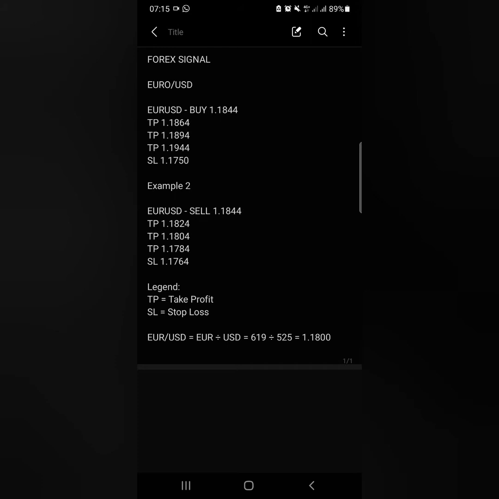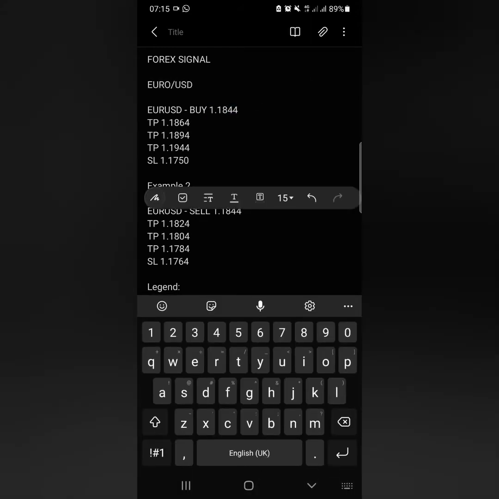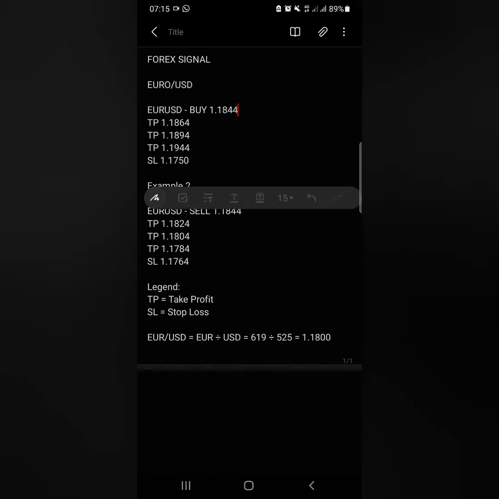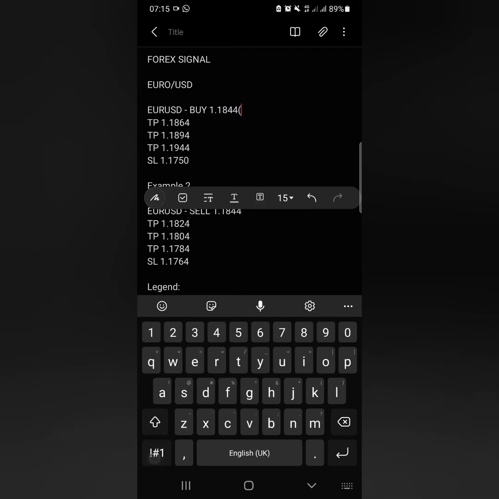Now the signal says buy at this particular value, right? This particular price. I'm going to call this the price of euro USD. This is where you buy. Sometimes they might not give you a price. They will just say buy at current market price.